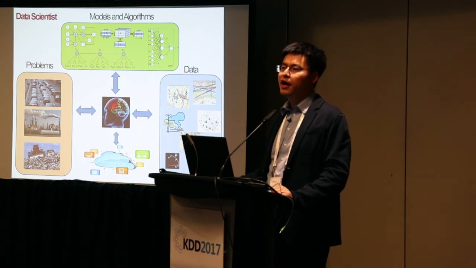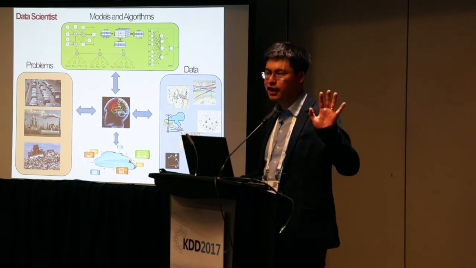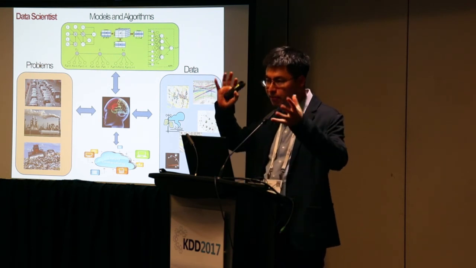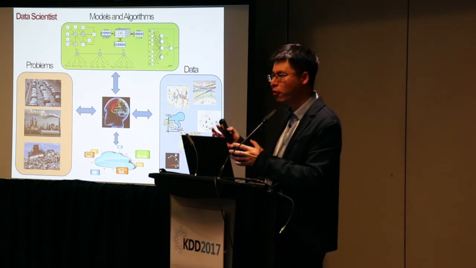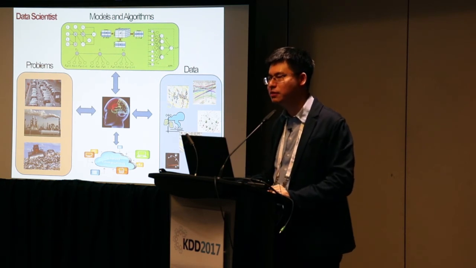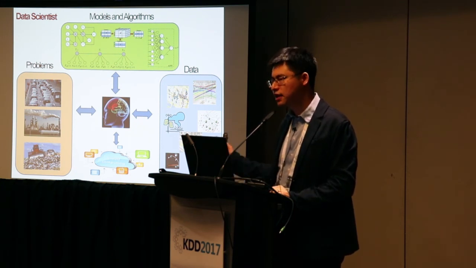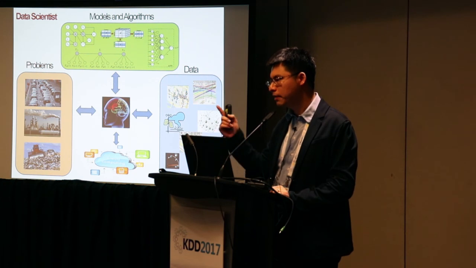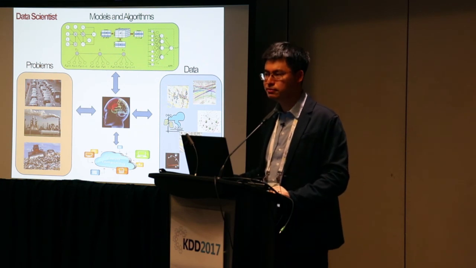So overall, a data scientist is a guy standing on the cloud, looking at the problem, thinking about the data, combining different tools and models, and deploying them on the cloud platform to generate fresh knowledge to solve domain problems.